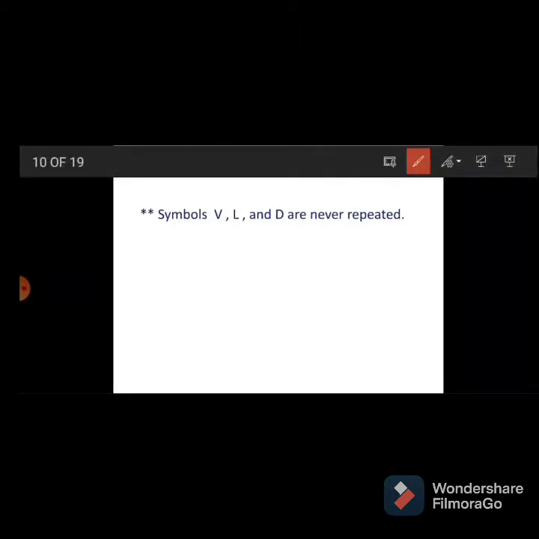Then see, very important sentences are here. Symbols V, L and D are never repeated. V is used for 5, L is used for 50 and D is used for which? Send in the comment section.